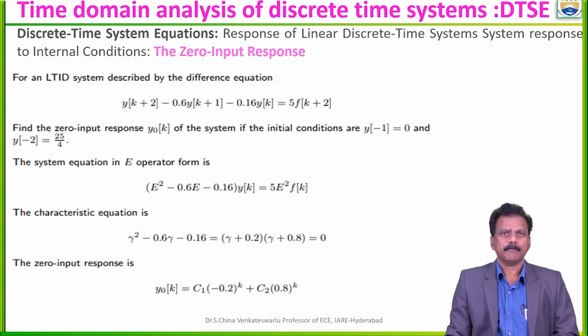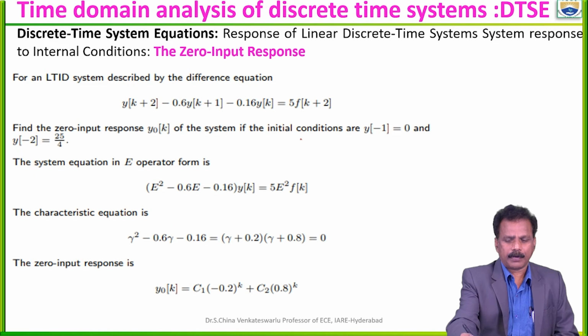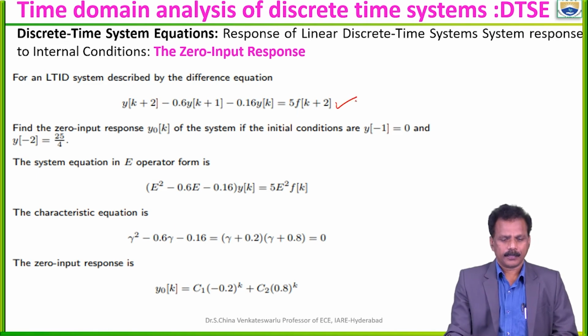Similarly, for an LTI discrete system described by the difference equation y of k plus 2 minus 0.6 y of k plus 1 minus 0.16 y of k equal to 5 f of k plus 2, find the zero input response y naught of k of this system.